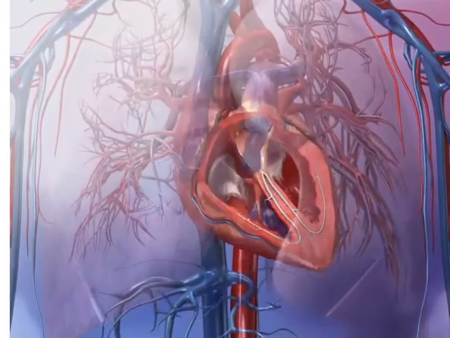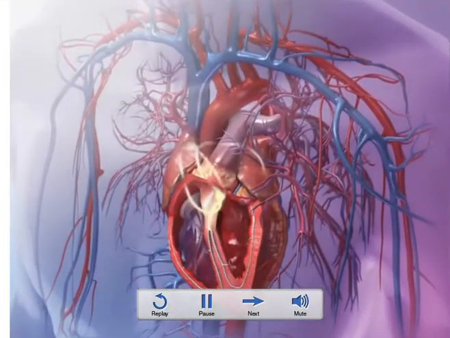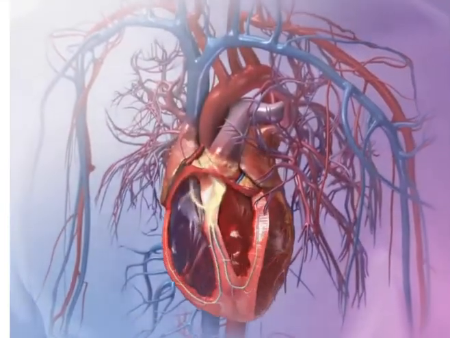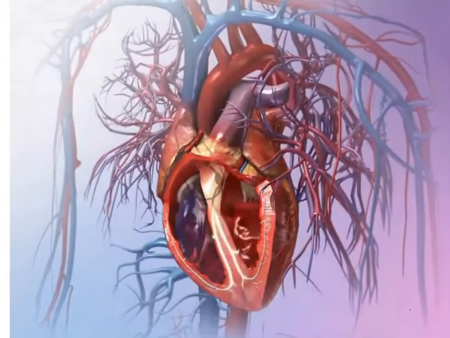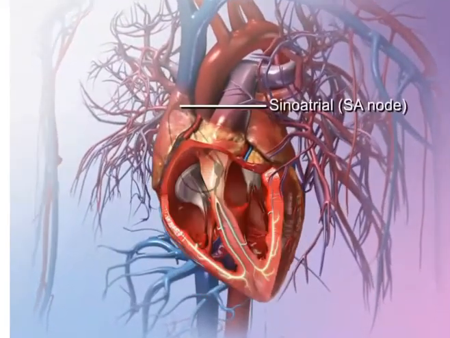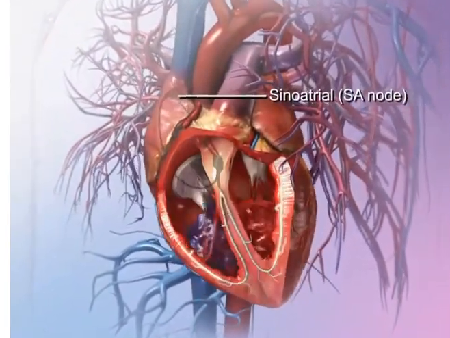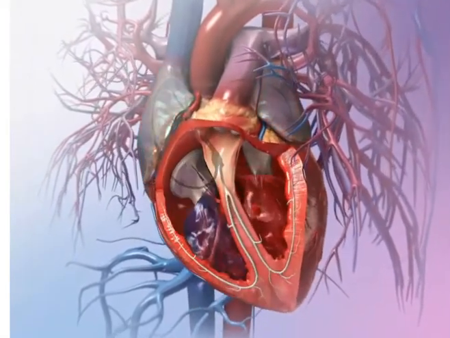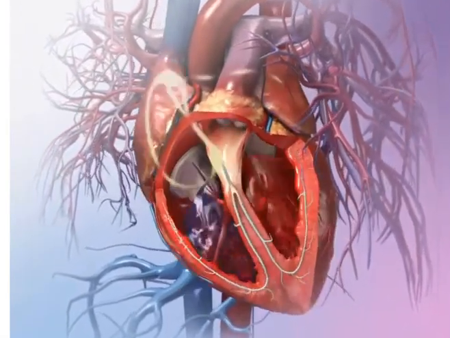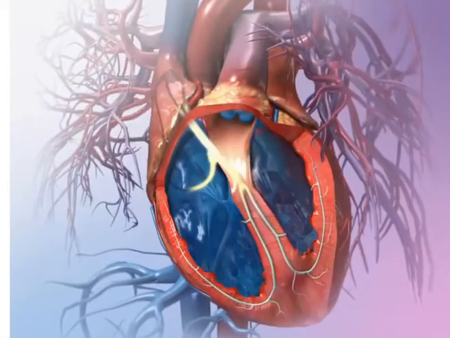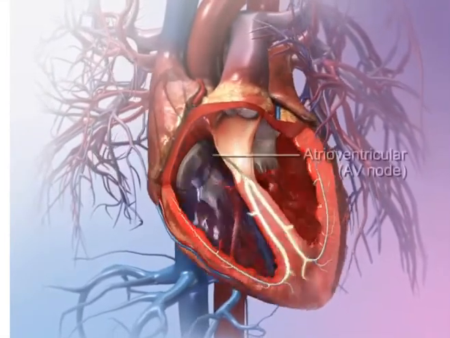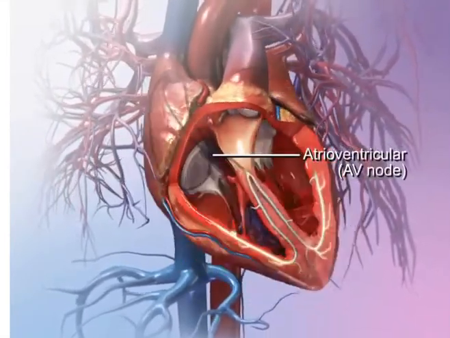The heart's conduction system regulates the electrical impulses that make the heart beat. An impulse begins in a bundle of nerve tissue called the sinoatrial or SA node. The impulse makes the atria contract, and blood empties into the ventricles. Next, the impulse travels to the atrioventricular or AV node.